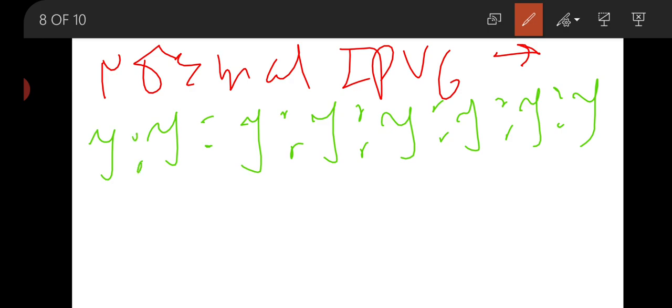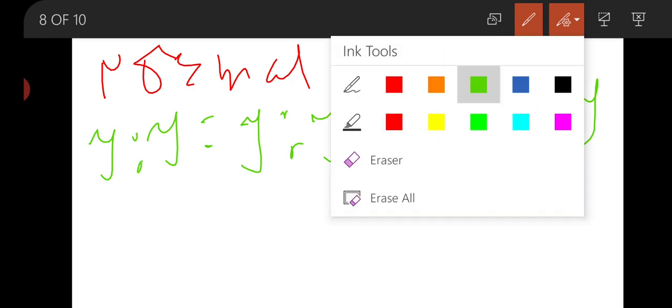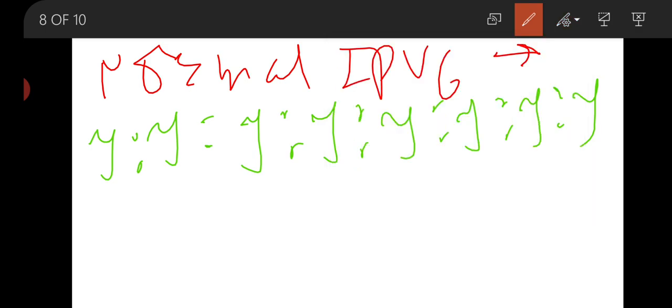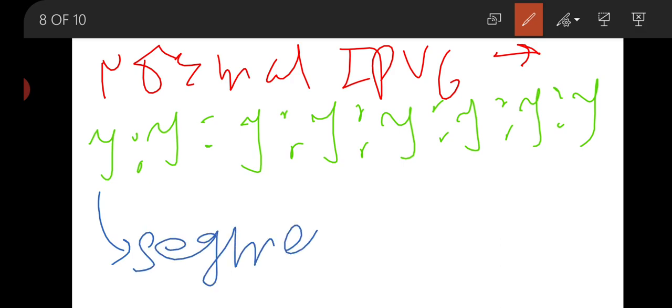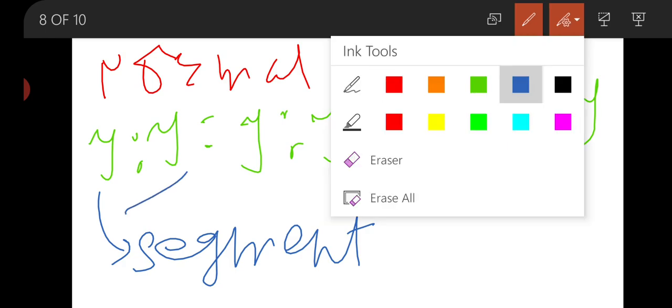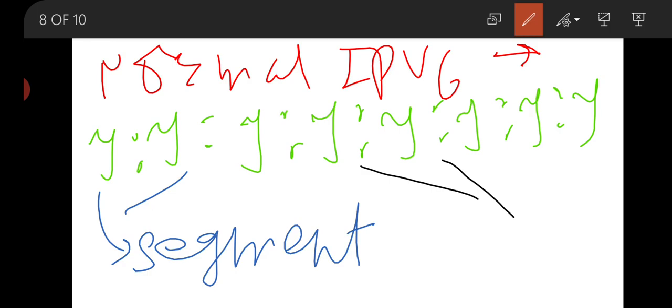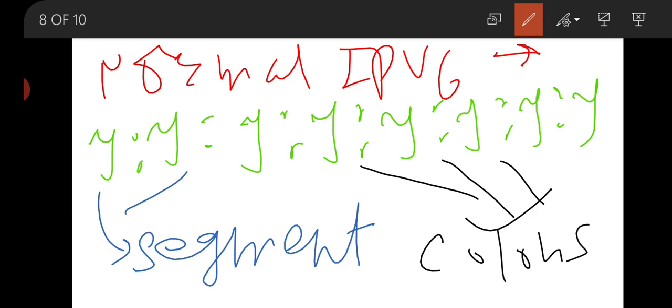There are a total of 8 numbers present here. Each y is called a segment, and the segments are separated by colons. In IPv4 addressing we separate by dots, called periods, but in IPv6 we separate the segments with the help of colons.